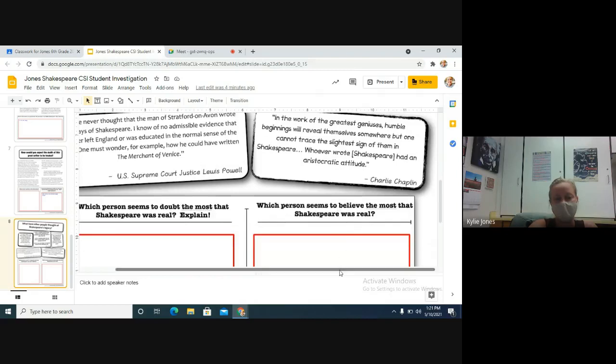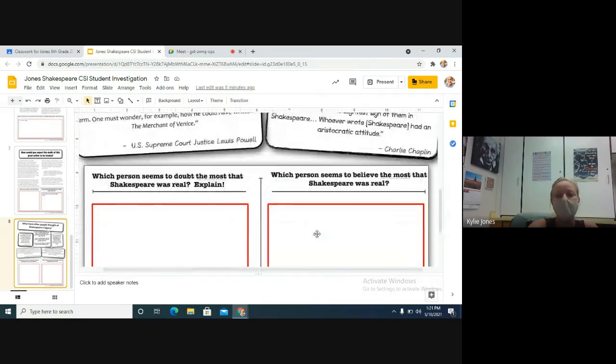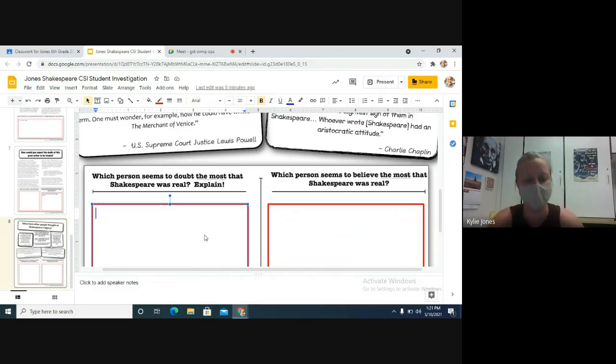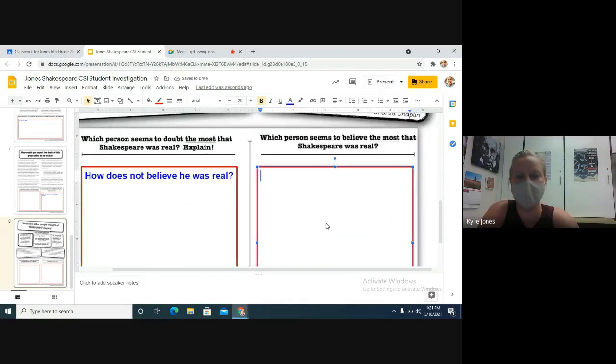So out of these 5 quotes, on the left, which person seems most doubtful that Shakespeare was real? So who does not believe he was real? And then on the right, which person seems to believe the most that Shakespeare was real?